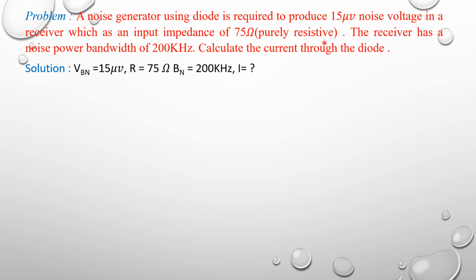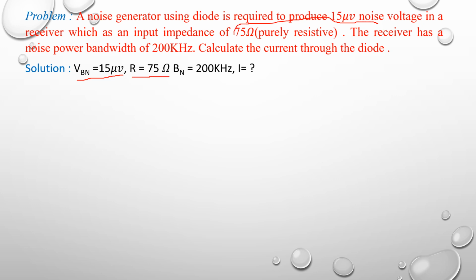So here we have to find out the current through the diode. They are given the noise voltage VBN is equal to 15 microvolt, and the given resistance is 75 ohm.